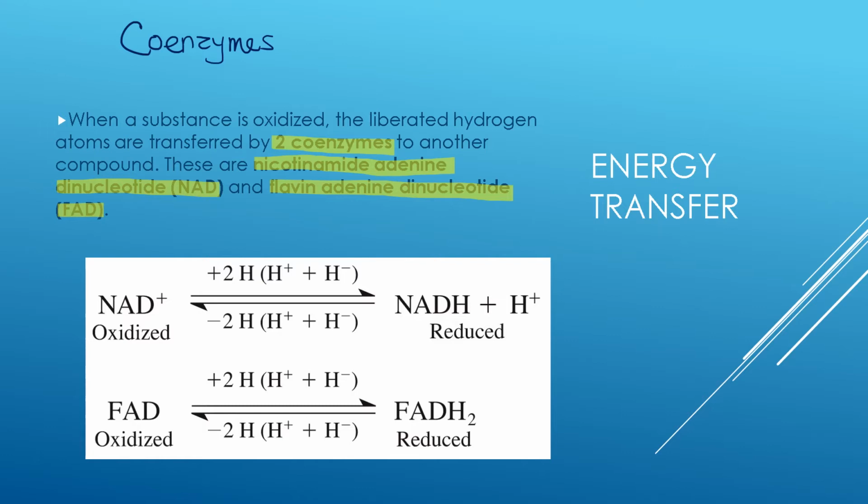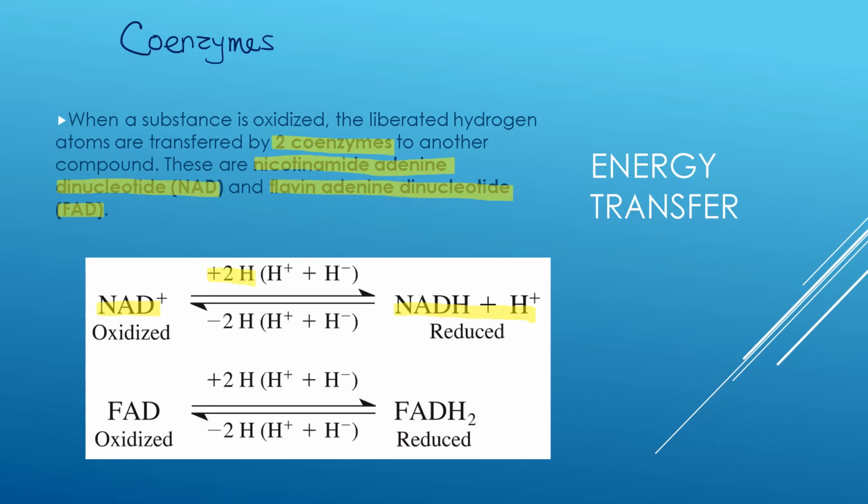Now, the oxidation and reduction states of NAD and FAD are represented in this little picture here. So when NAD+ is reduced to NADH, the NAD+ gains a hydrogen atom and a hydride.